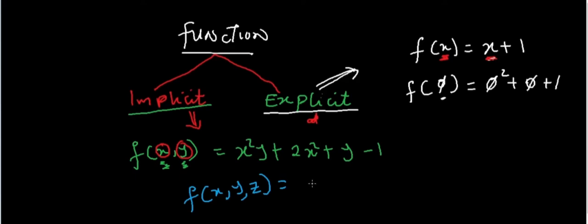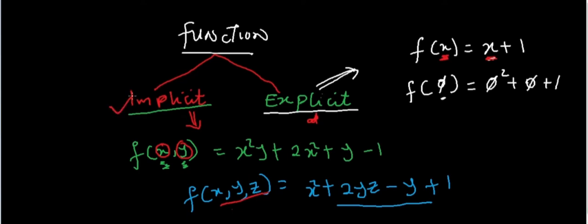So if I want to create a question here, I can have x squared plus 2yz minus y, just something. But carefully observing this, there is nothing like p or w that is not defined in this bracket. So that is an implicit function. So implicit is more than one variable, explicit is just a single variable.